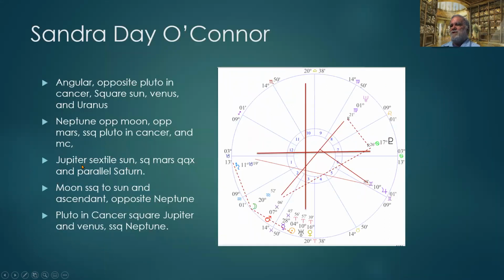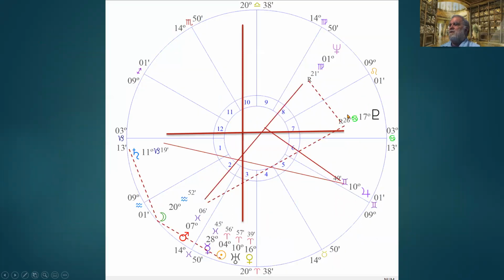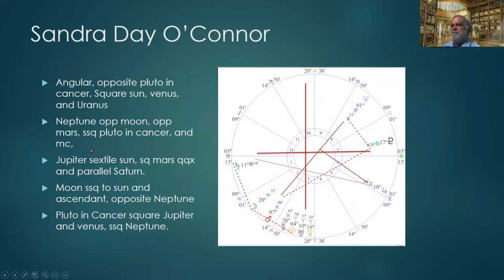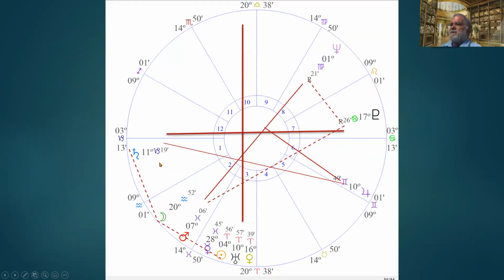Okay, Jupiter as a constant is not prominent by position, but it aspects the sun, and it's square to Mars. A critical piece here is it's parallel to Saturn. Then our moon is semi-square to the sun and ascendant, and opposite Neptune.